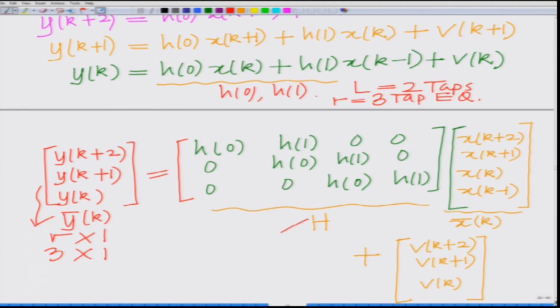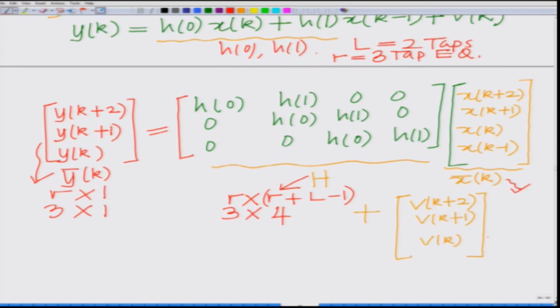Now, this matrix H you can see is R cross R plus L minus 1, that is 3 cross 3 plus L equal to 2, 2 minus 1. So, 3 cross 4, x bar is R plus L minus 1 cross 1. So, this is 4 cross 1 and V bar k is simply R cross 1, that is 3 cross 1.